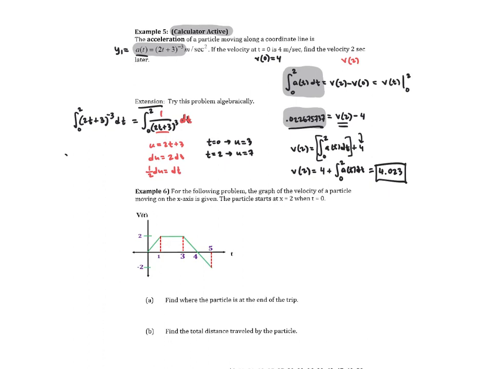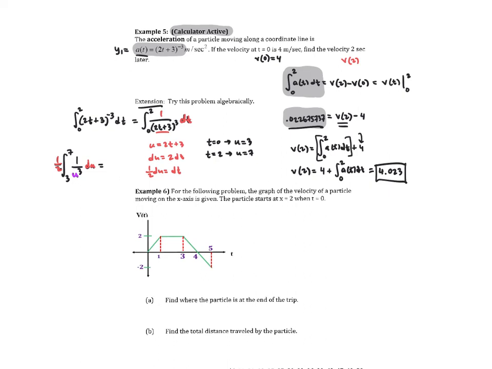This is equivalent to the integral from 3 to 7 of 1 over u cubed du. And I got to tag that half in front. Can't forget that half. So 1/2 du replaced dt, and of course, u replaced 2t plus 3. The rest just sits there and gets ready to be evaluated.